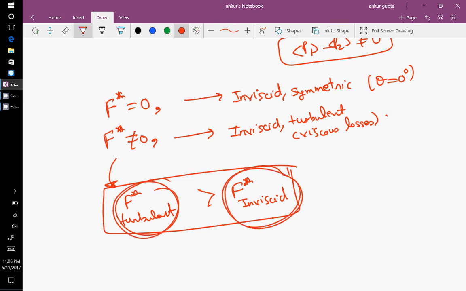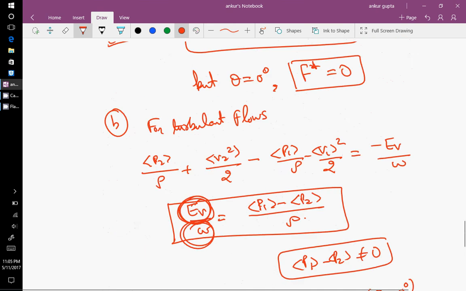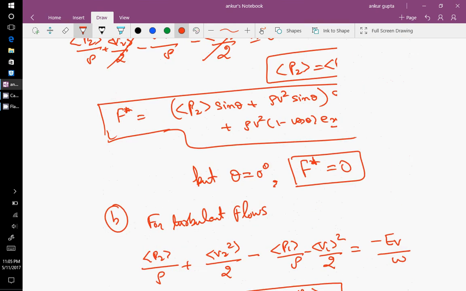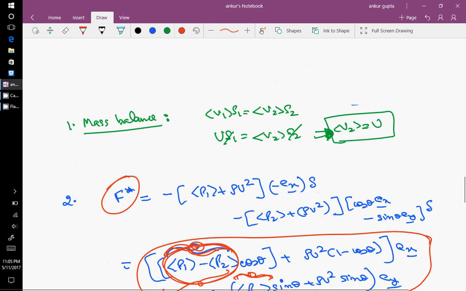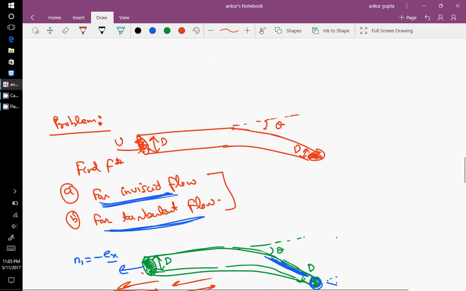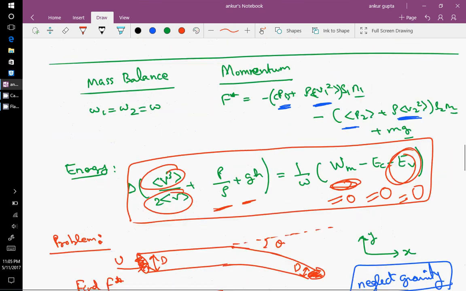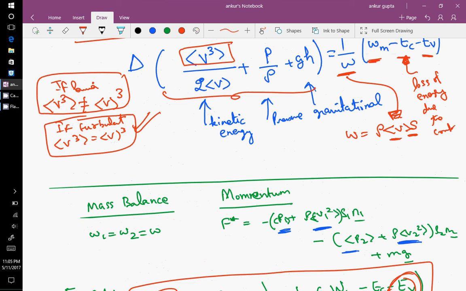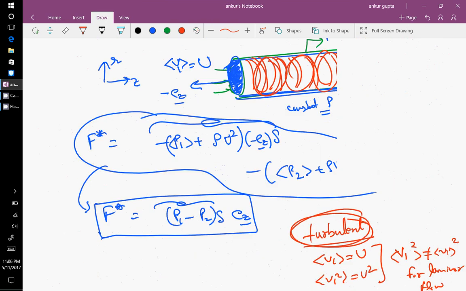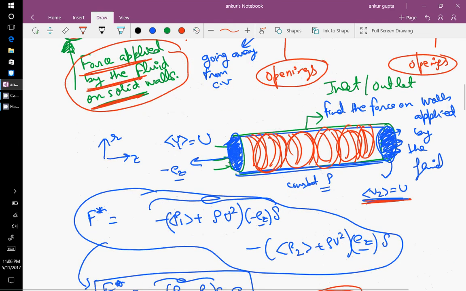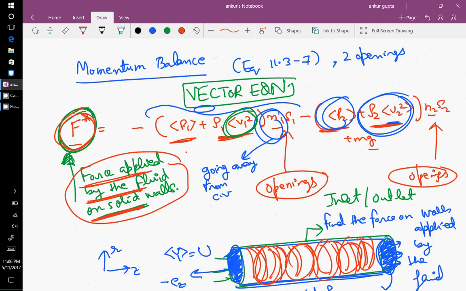Okay. So I hope this video was useful in explaining that we can combine all the three balances that we have discussed, and that you are able to understand the meaning of F star. So F star is the force on the walls by the fluid. And we do that because you don't have to solve for the entire velocity profile in the system, and you can get an idea of the entire force in the system just by using this equation of momentum balance.